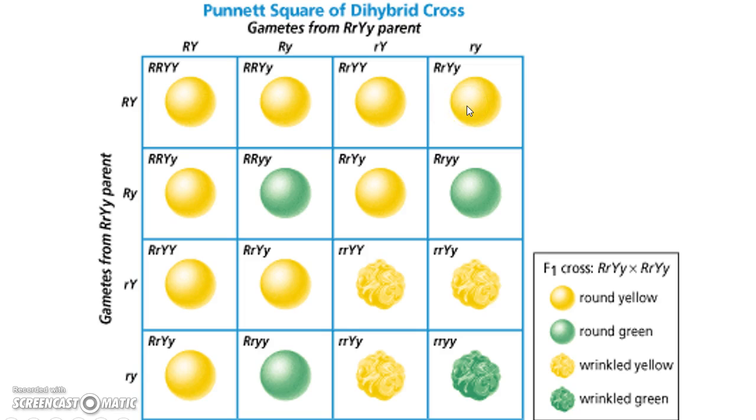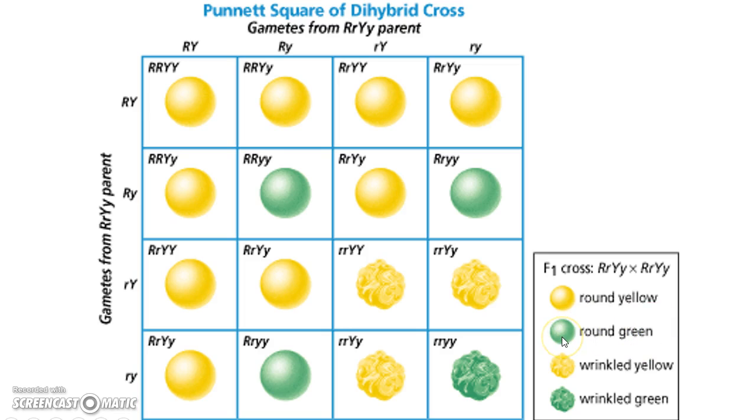Now I bet if I happen to count these up, I'm going to have 9 yellow round ones. 1, 2, 3, 4, 5, 6, 7, 8, 9. Oh, look how that worked out. Okay, now for my round green ones.